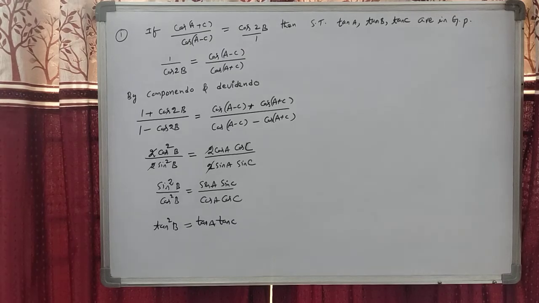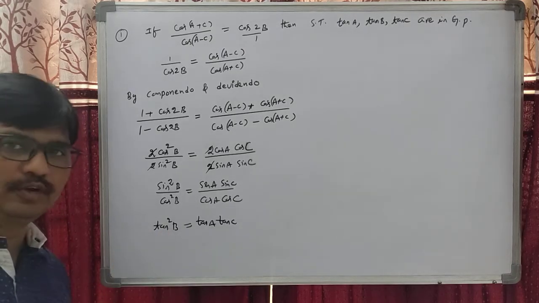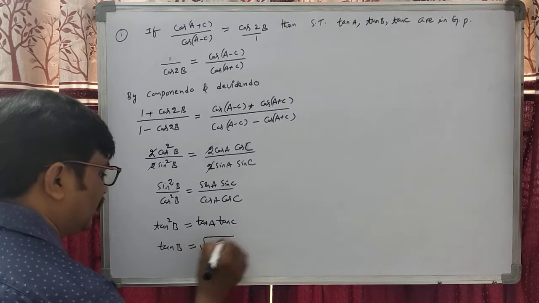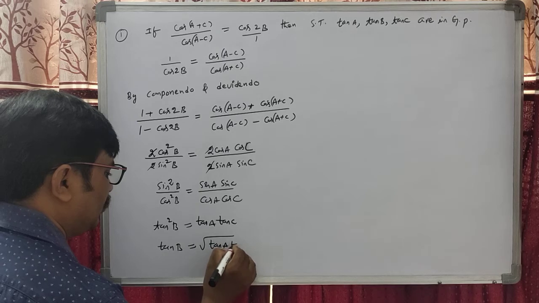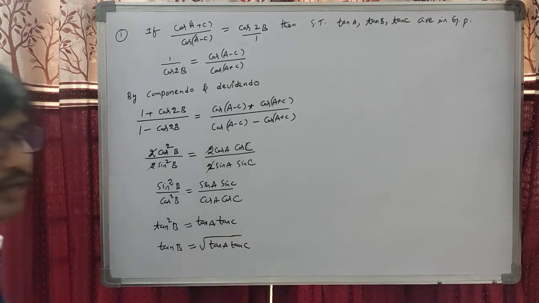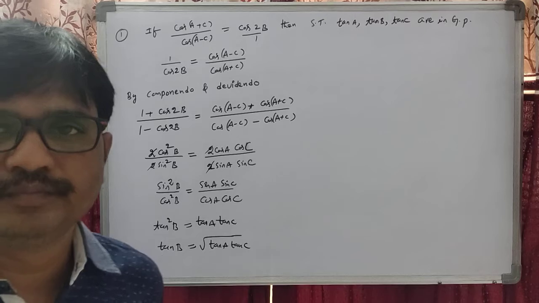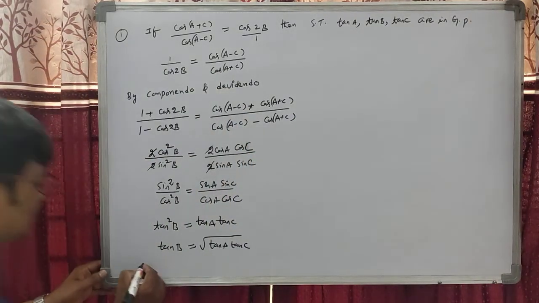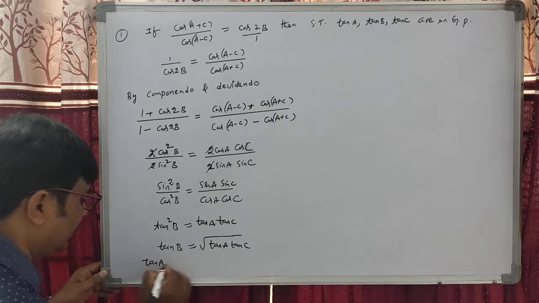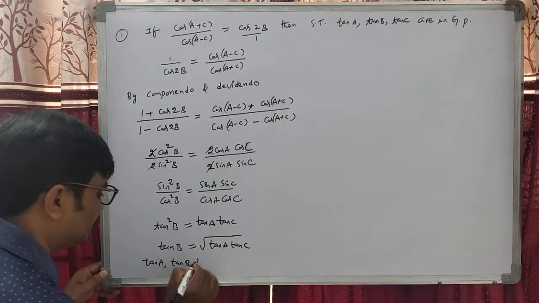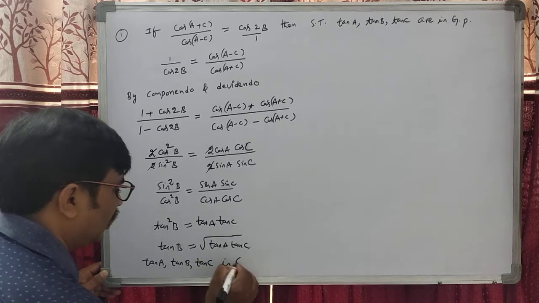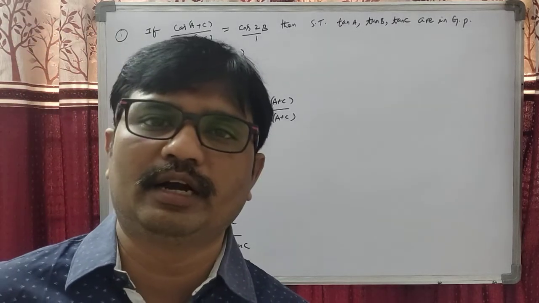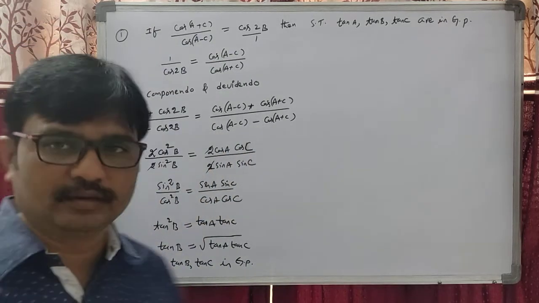Compared with b square equals ac, that means tan b equals under root of tan a into tan c. We know that b equals root of ac means a, b, c are in geometrical progression. Therefore tan a, tan b, tan c are in geometrical progression.